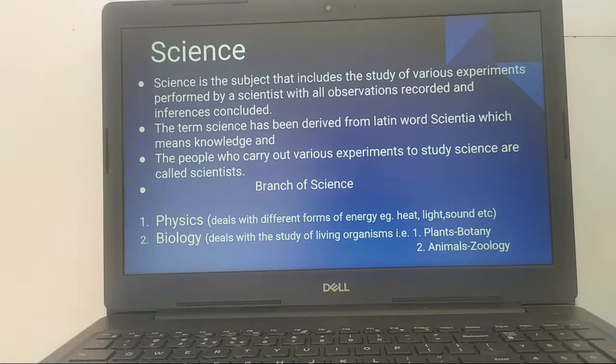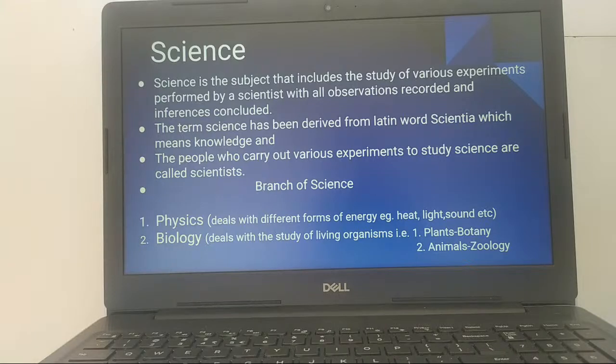Well, coming to the third branch of science, which deals with the study of substances. In chemistry, you will be learning about their composition, methods of preparation, their reactions with other substances.